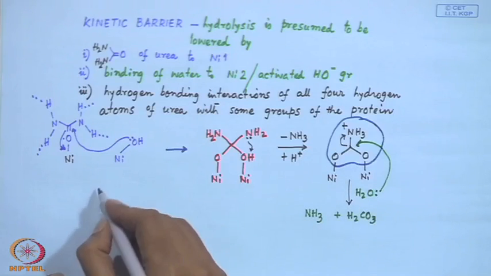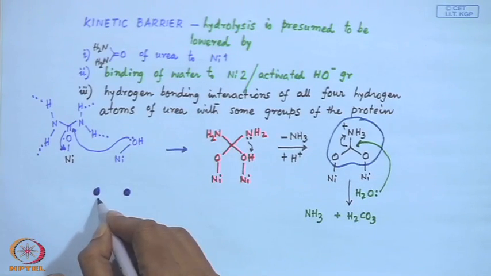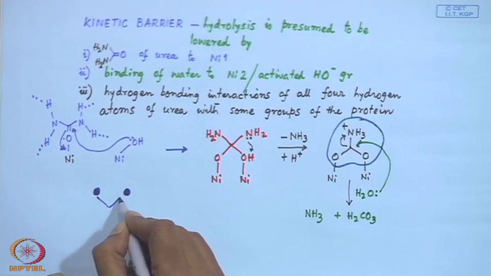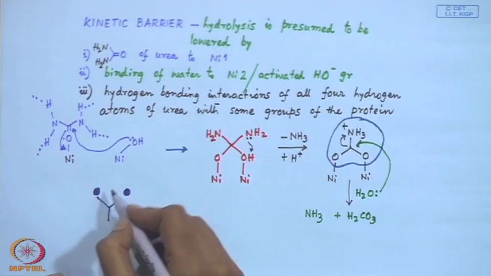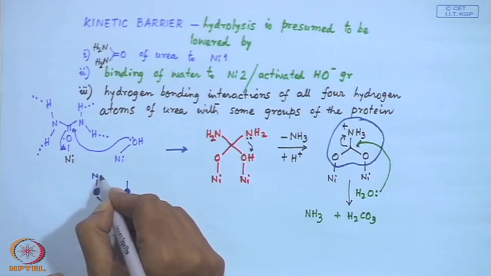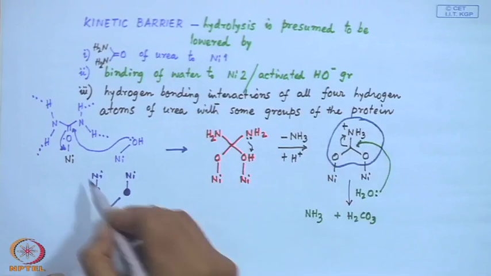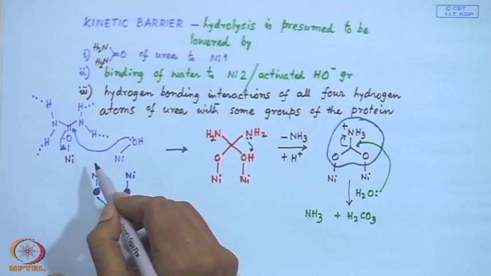So, you have the nickel environment and the corresponding bridging groups on this side. This nickel center is there and this nickel center is there, and the other side also has a similar arrangement.